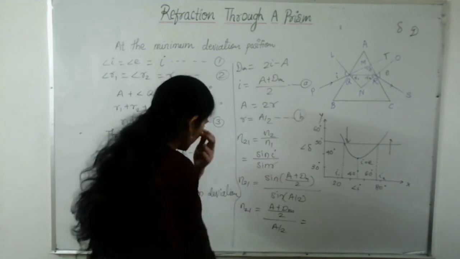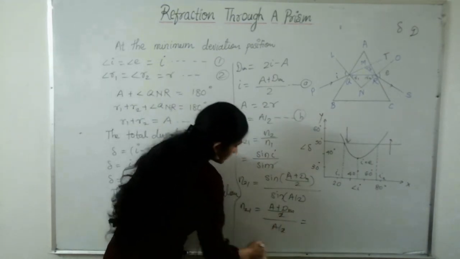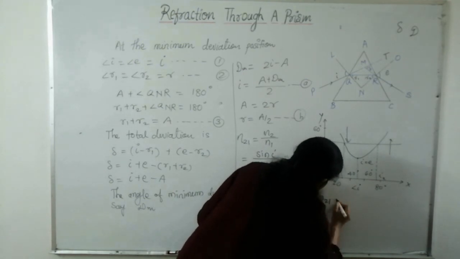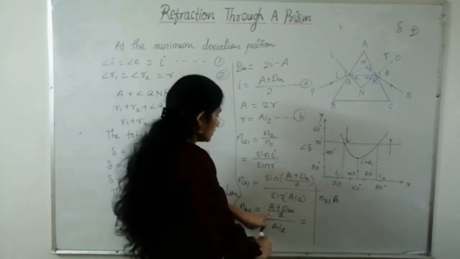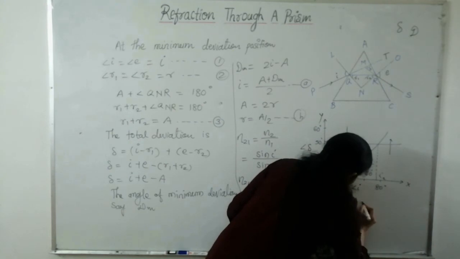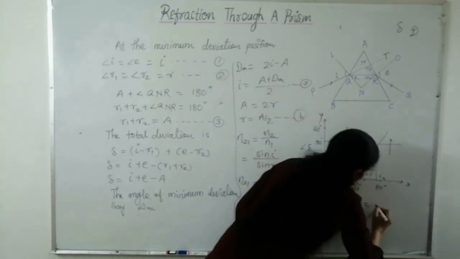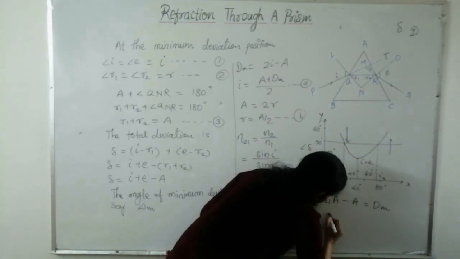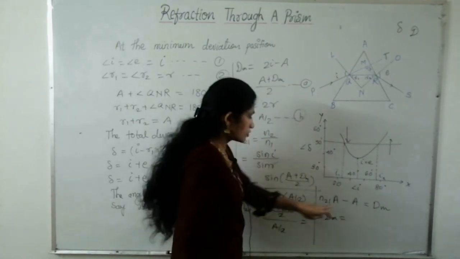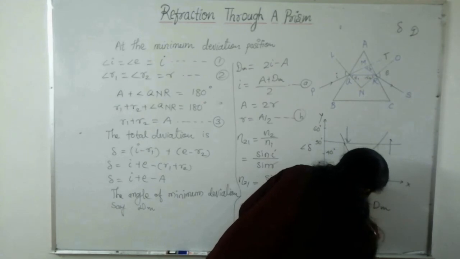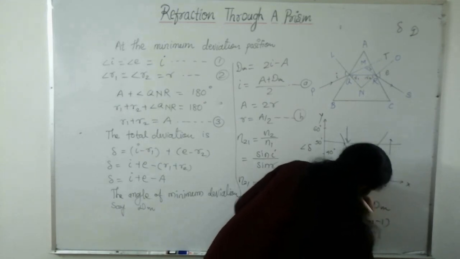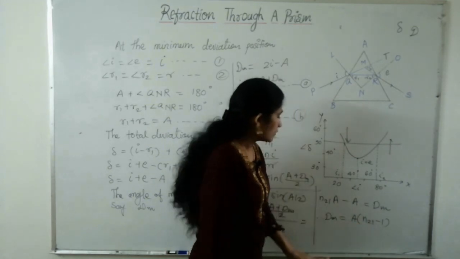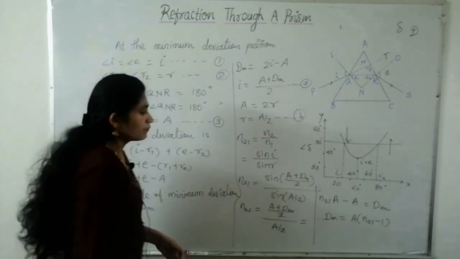If you calculate this, this 2 will get cancelled, and you can write n21 into A minus A is equal to dm, that is minimum deviation. Therefore the minimum deviation dm is equal to, if you take A common, n21 minus 1 times A, where n21 is the refractive index of the prism and A is the angle of prism.